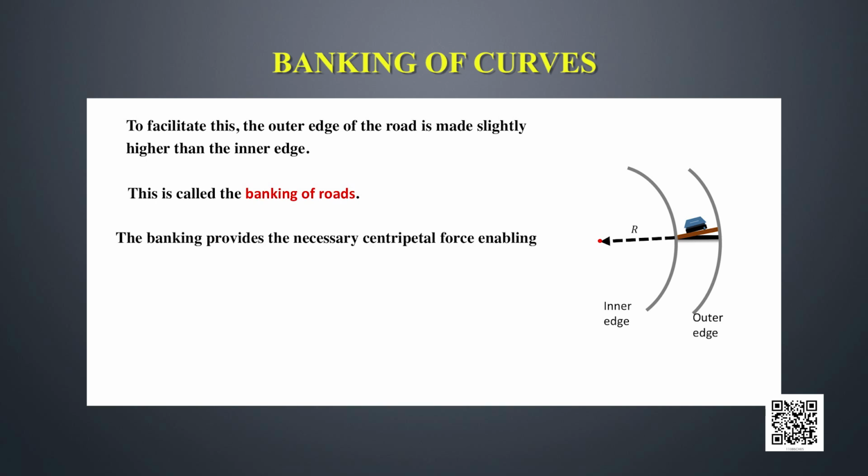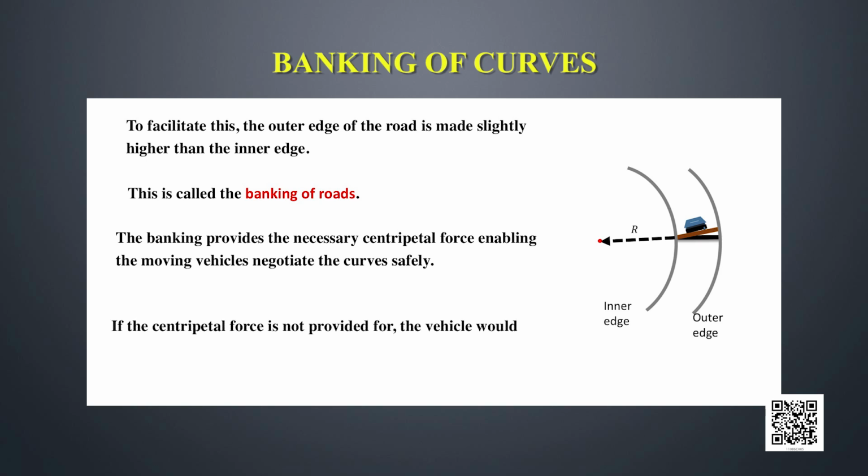This banking is essential on a circular track. It provides the necessary centripetal force. It enables the vehicles to negotiate the curves safely. If the centripetal force is not provided for, the vehicle would skid towards the outer edge and may overturn.